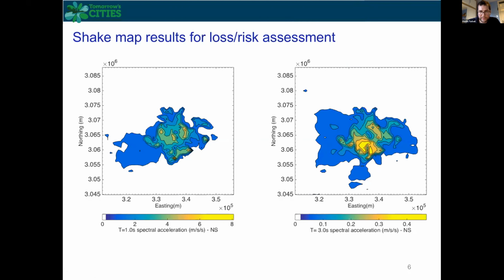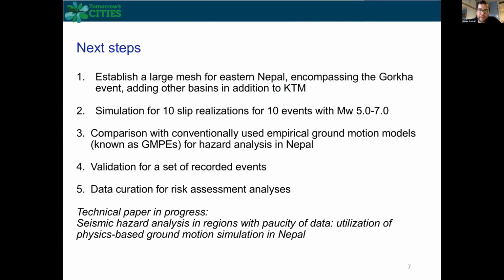The important point is that for the purpose of loss and risk assessment, the uncertainty in different components of the hazard, including the source, the rupture that I showed in the first slide, and the velocity structure in terms of the velocity profile and the shape of the basin will be incorporated. In terms of the next step, a wider region will be considered.